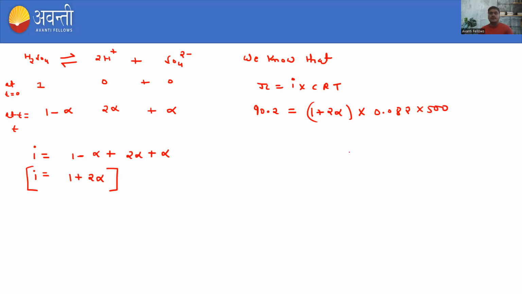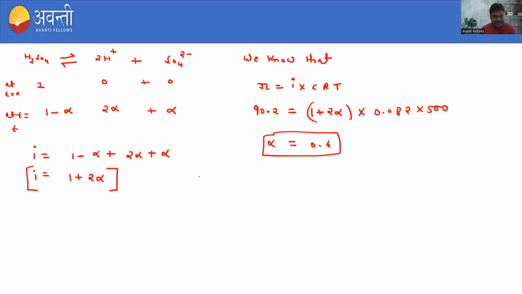Can you solve this and find alpha? Obviously you can, because here there is only one unknown quantity, and that is alpha. So on solving, alpha comes out to be 0.6. So this is the value of alpha we have.